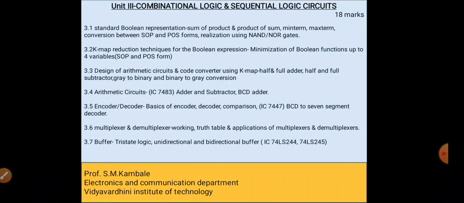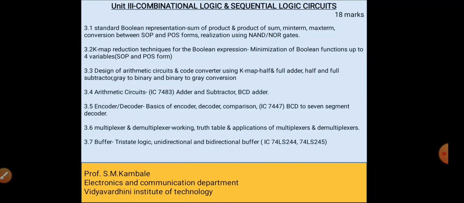Together they can form the values 0, 1, 2, 3, 4, 5, 6, 7, 8 and 9. Therefore, it can represent any arithmetic value or any alphabetical character. So this BCD to 7 segment display is very important.